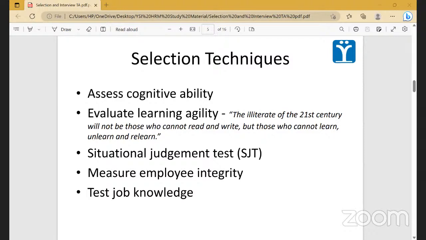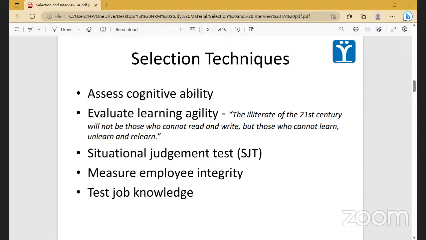Next is testing job knowledge. Now how will you test the job knowledge of somebody? By creating tests related to the job knowledge, very easily, right? So for example, if we have to hire somebody in HR, we will create our test so that we can check whether the person can do recruitment, has some knowledge about interview skills, can really do a performance management system, various things in HR.